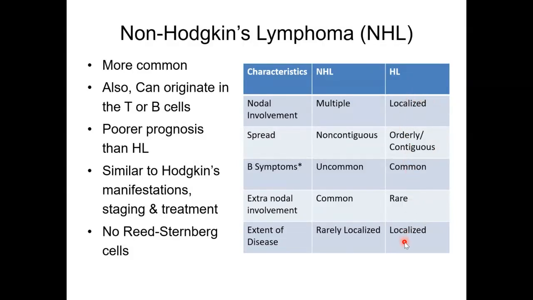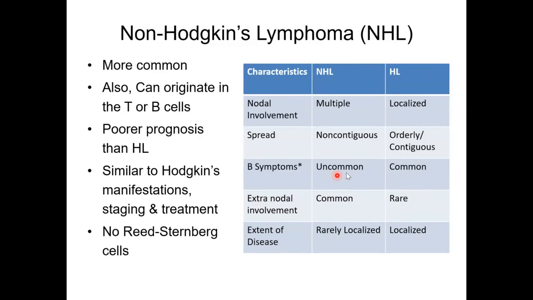So that kind of makes sense as far as the prognosis. It can show up anywhere. It's not contiguous, so you may have one in the head, you may have one elsewhere. B symptoms are not as common as this, but I would still put B symptoms and keep that in mind with any of the cancers, leukemia and lymphoma.